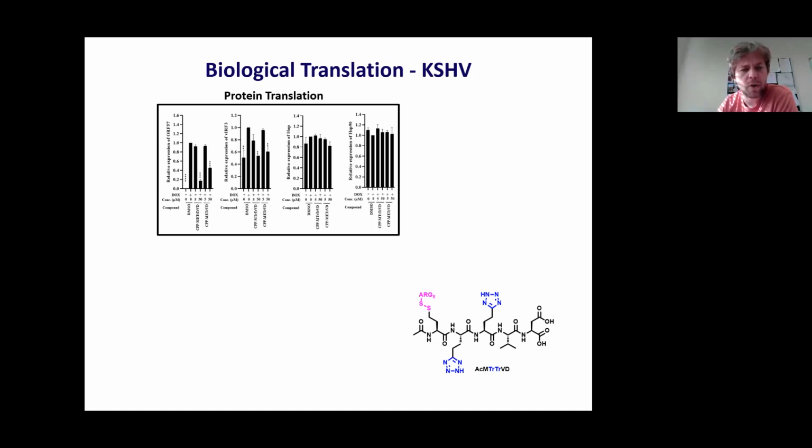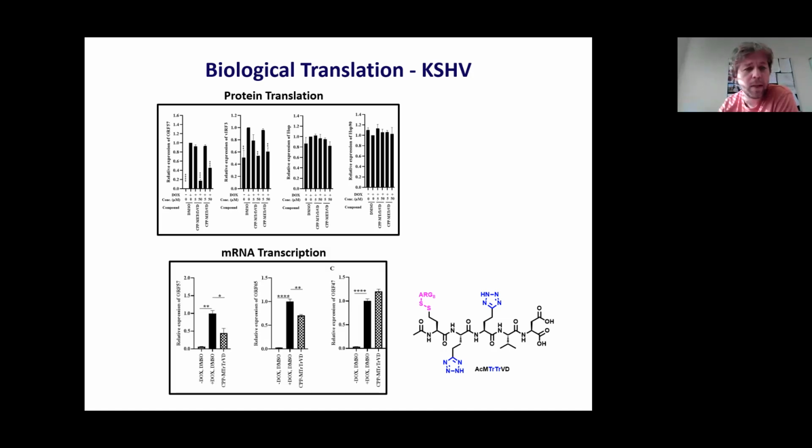We also saw this at a transcriptional level, where some of the genes of important markers of lytic replication are also not being transcribed from the genome. So together, this indicated that these compounds, through their putative inhibition of the protein-protein interaction, are actually capable, at least from our preliminary evidence, of inhibiting the conversion of KSHV from latent to lytic replication.